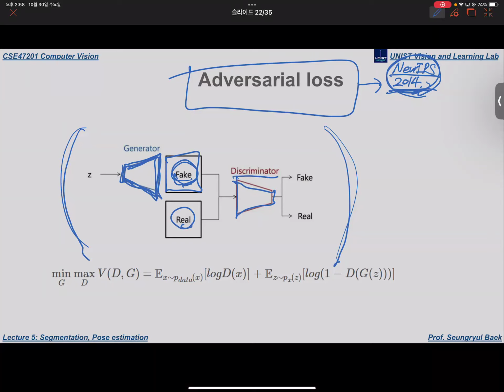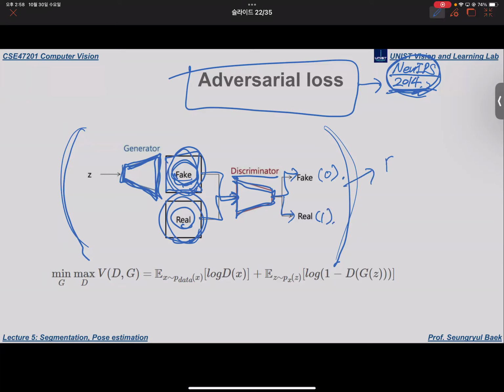The discriminator will be trained to discriminate fake and real data. When fake images are input, it has to estimate 0, and when a real image is input, it has to output 1.